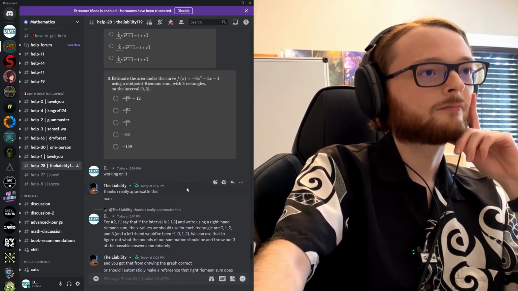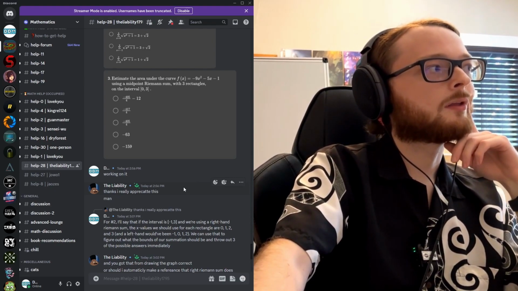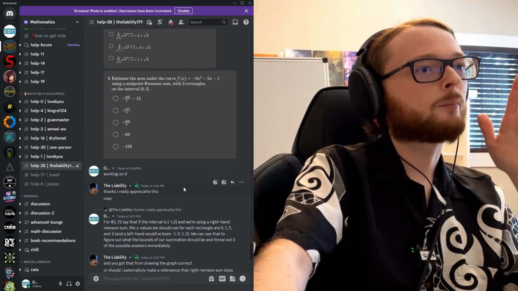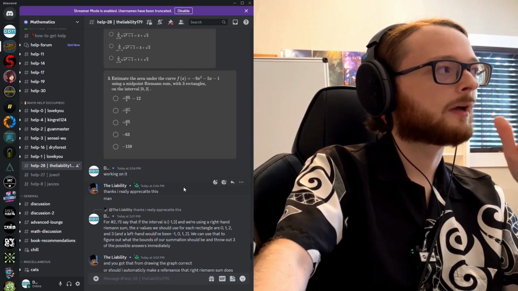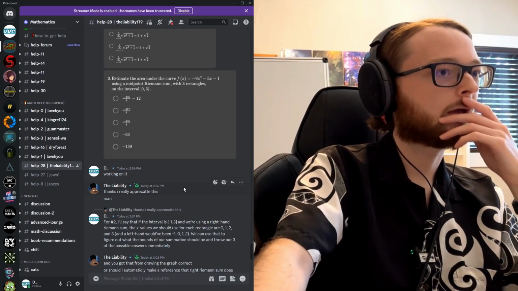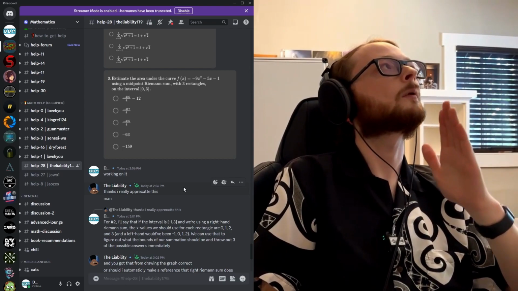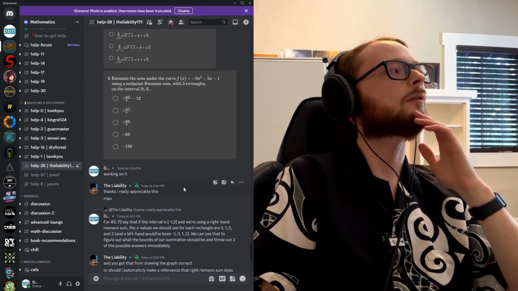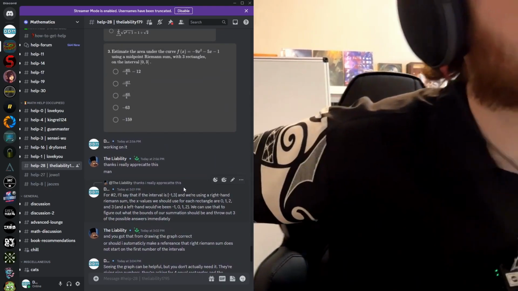So over the interval 0 to 3, since they're asking about midpoints, it'd be 0.5, 1.5, and 2.5, and that makes 3 rectangles. Wait, 0.5, 1.5. Wait, that makes 4 rectangles, doesn't it? I actually messed this up.